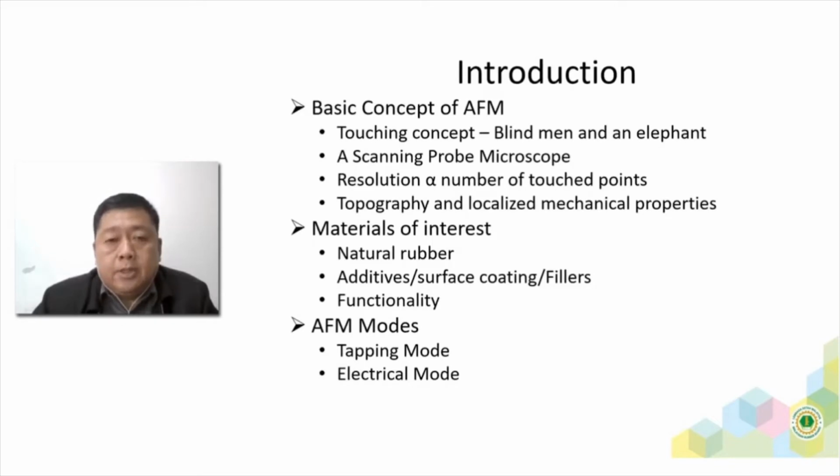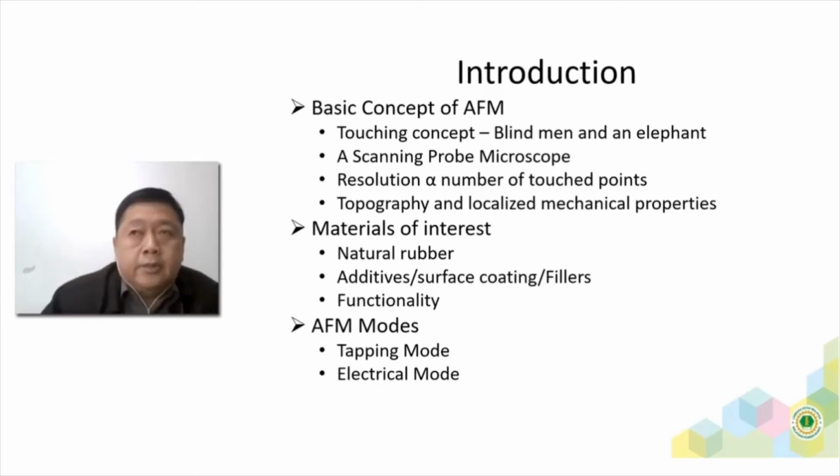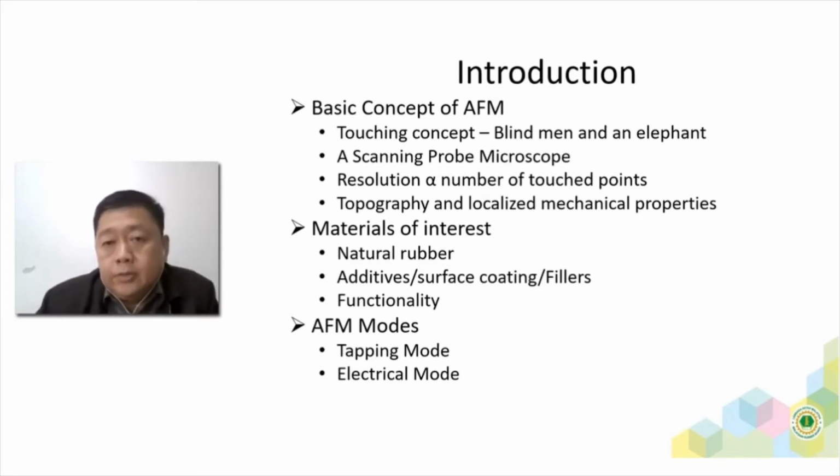If you heard about the blind man and an elephant story, then you could imagine that the AFM is actually a touching concept, where there's a cantilever that is touching a tiny spot on your sample, and that sends the signal to the controller and then to the recorder, to tell you the information on that spot itself. But of course, the spot is really tiny. It could be in nanometer, picometer kind of spot size.